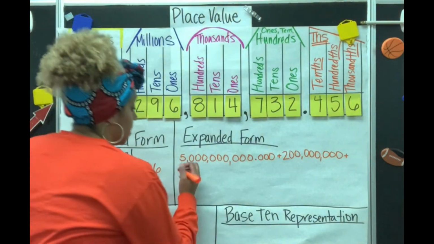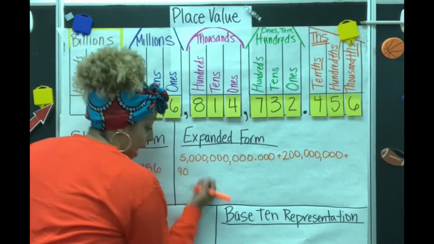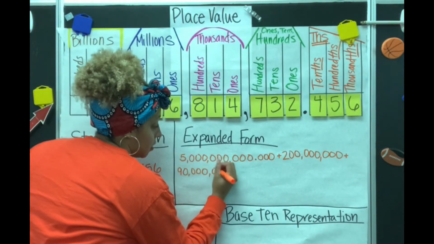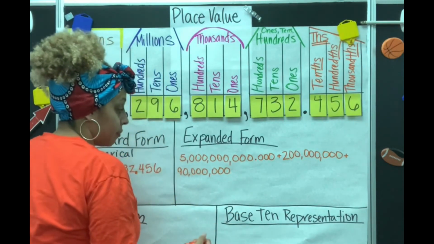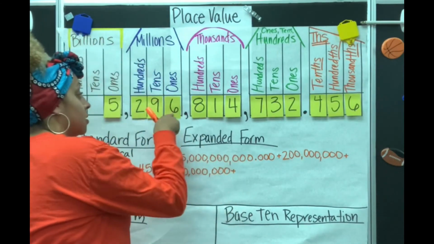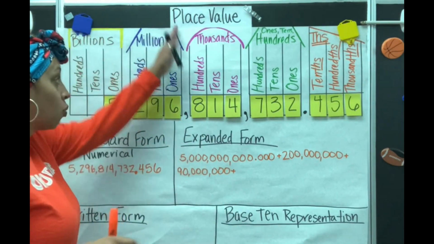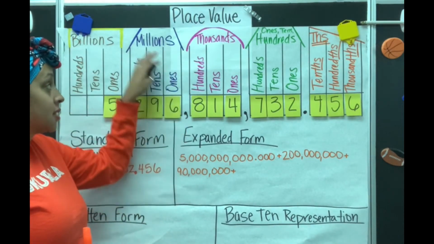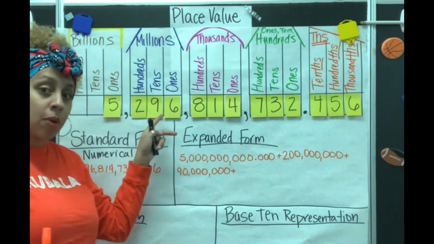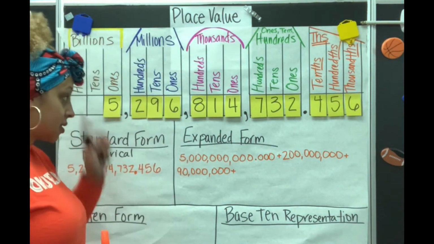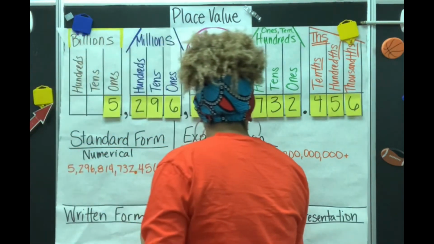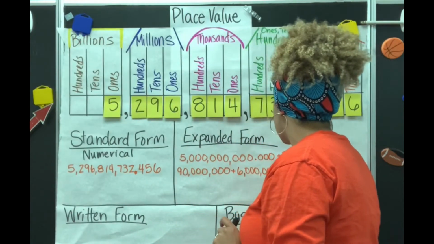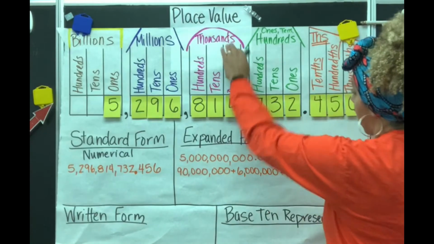So we're going to write 90 million, which is 90 followed by 0, 0, 0, followed by 0, 0, 0. Then we're going to add it to the 6. The 6 is in the ones place of the millions house. This is 6 million. So it represents 6 million. It's the ones place. So we're going to go 6, comma, 0, 0, 0, comma, 0, 0, 0, plus. Now we're in the thousands house.